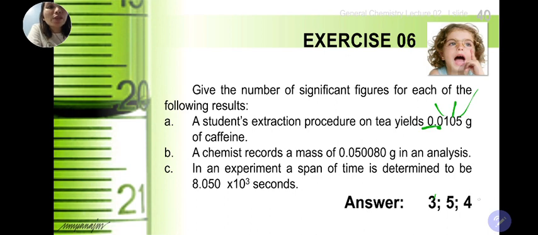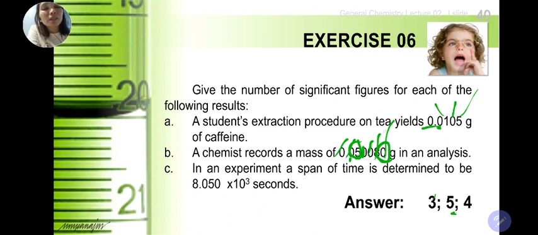Then, for this one, hindi natin i-count to, mga leading zeros. And then, dito tayo mag-start sa 5. 1, 2, 3, 4, 5. We have 5 significant figures. In this case, yung trailing zero natin ay counted siya as significant figure.